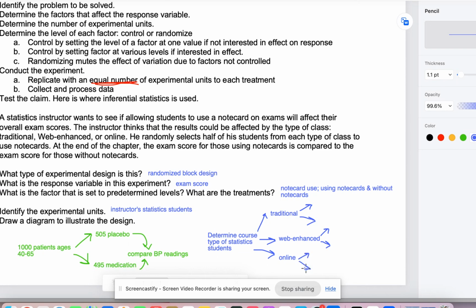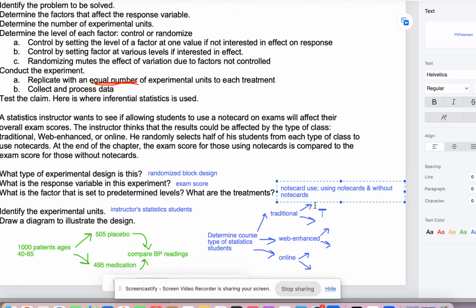So again, the 2 treatments that are being randomly assigned, in this example that I made up, the 2 treatments were placebo and medication. In this example, the 2 treatments are what we talked about in C. They are using note cards and without note cards. So for traditional, I have use note card, and then I have without note card.